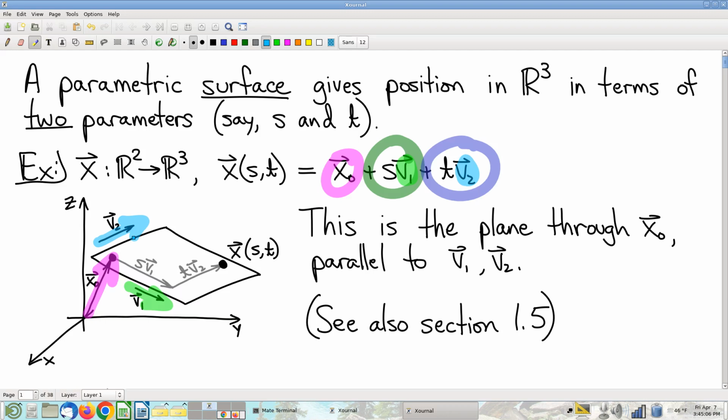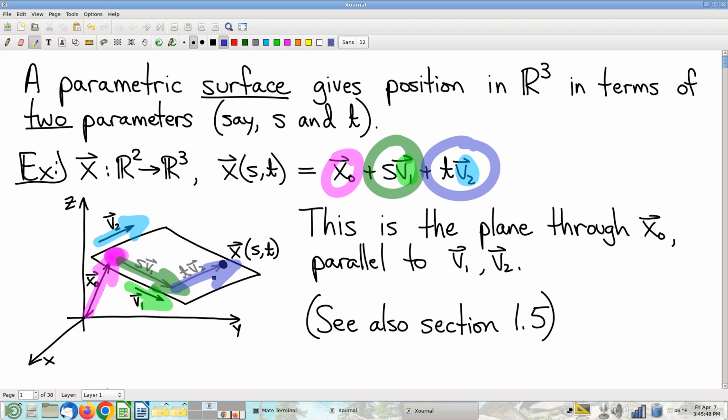So one way you can think about this expression is that I'm going to start at this purple point, and from that purple point I'm going to move arbitrarily in this direction parallel to v1, and then arbitrarily from there in the direction of that vector v2. If you're moving as far as you want in this direction, and then subsequently as far as you want in that direction, that's going to sweep out this plane here.